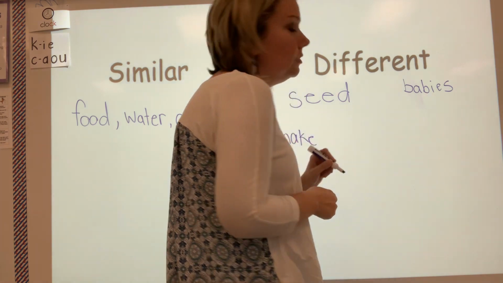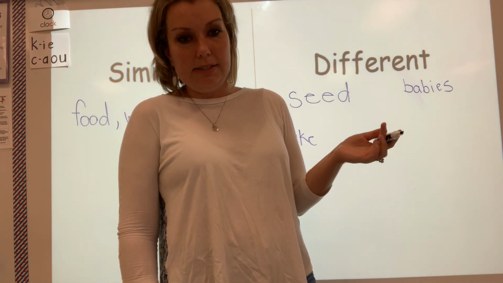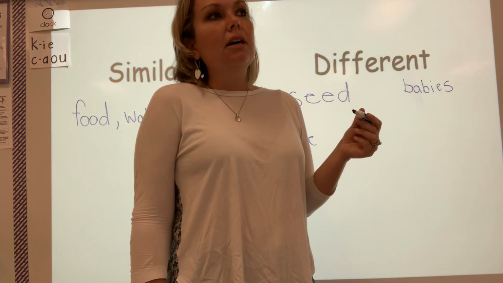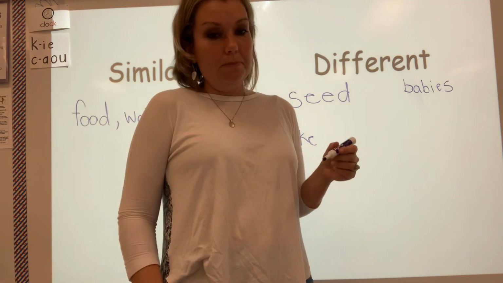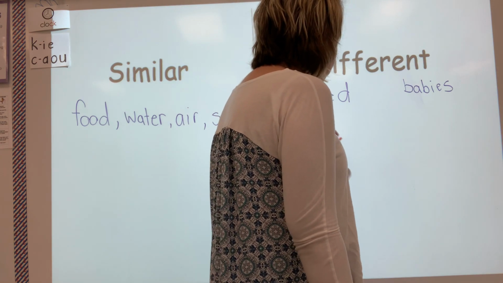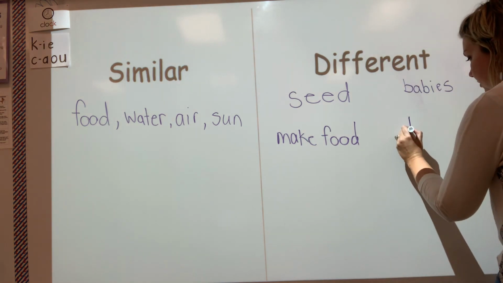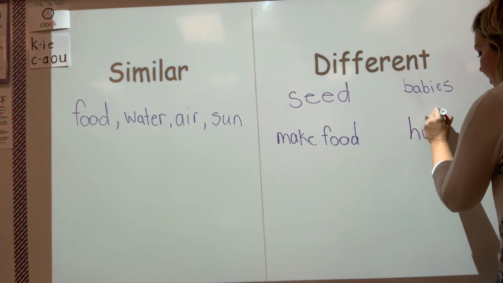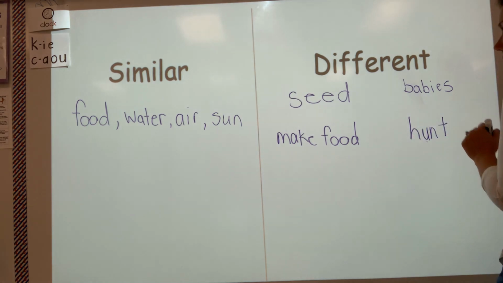We don't make our own food. Now, you might think of making your own food like you make your own peanut butter and jelly sandwich, but I'm talking about, does our body make food? No, our body does not make food. So plants make food, and people have to hunt for food. Nowadays, we buy food, but long ago, you would have to hunt for your food.